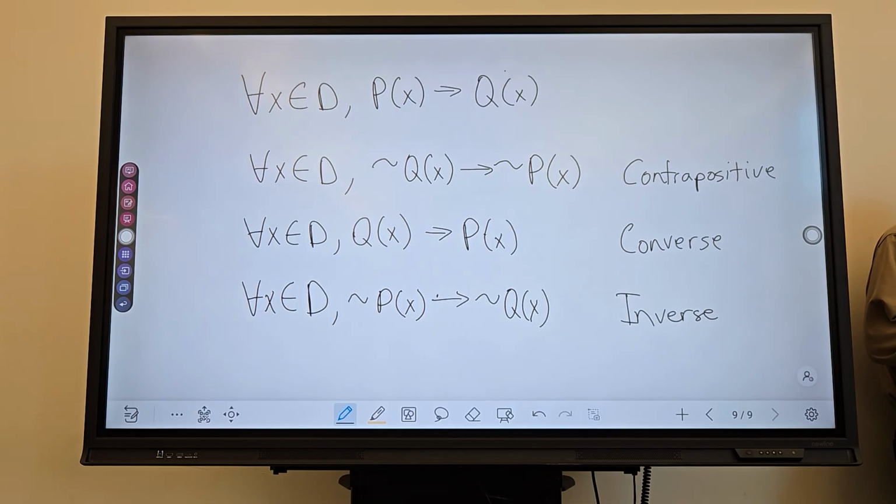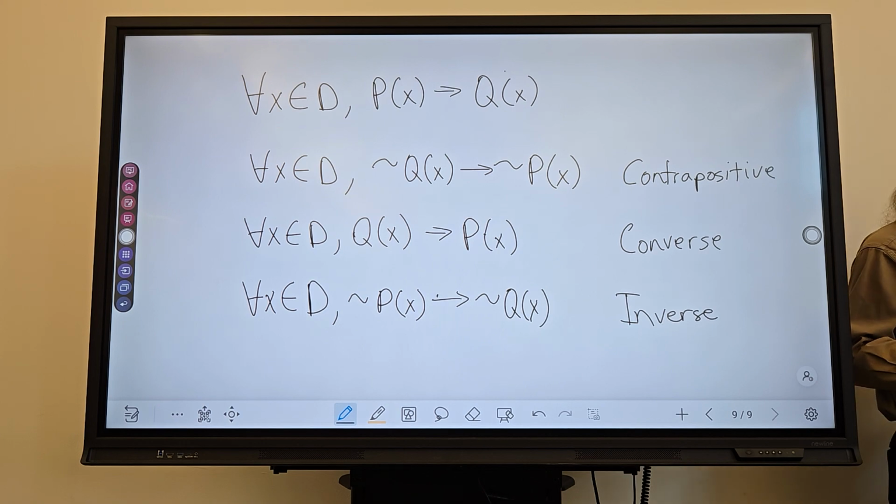Converse: if the square of a real number is greater than 4, then the number is greater than 2. Which is not true. It's not an equivalent statement because -3 is less than 2, but has a square greater than 4.